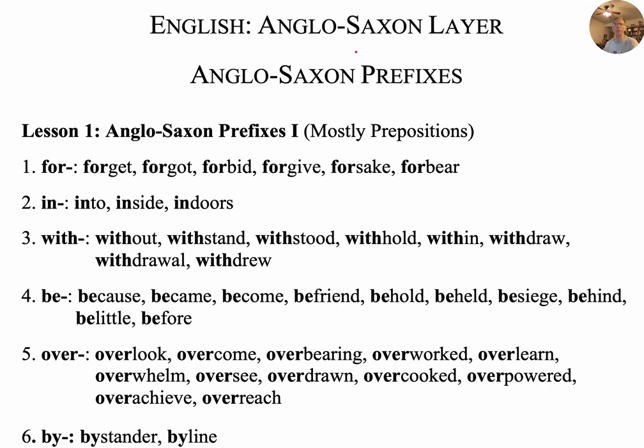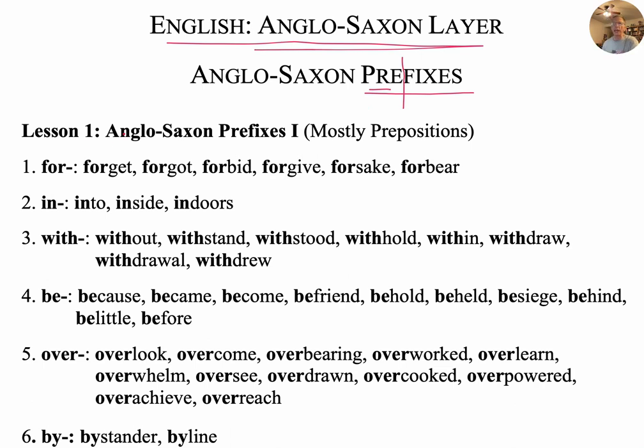Okay, here we go. We're going to be looking at English, the Anglo-Saxon layer of English, and we're going to be looking at prefixes. Now, in fact, with prefix, we've got pre and fix, because pre means before and fix means to fasten. So a prefix is an element placed at the beginning of a word to adjust or qualify the meaning.